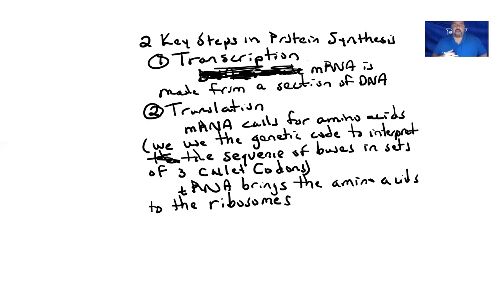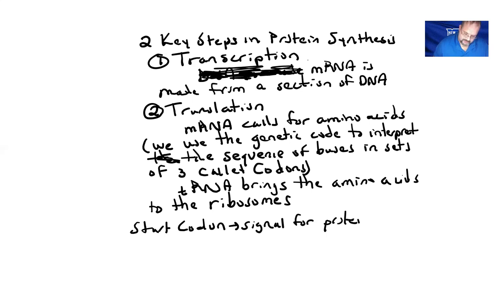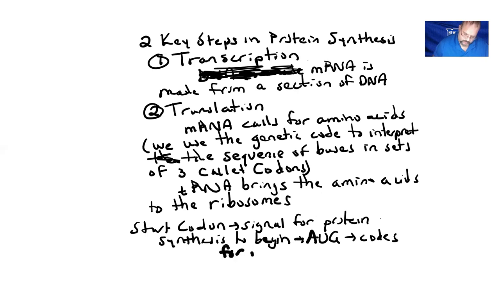Then we also have the start codon. Our start codon is the signal for protein synthesis to begin. And there's only one of them, and it is AUG. And what you notice is that it codes for methionine.